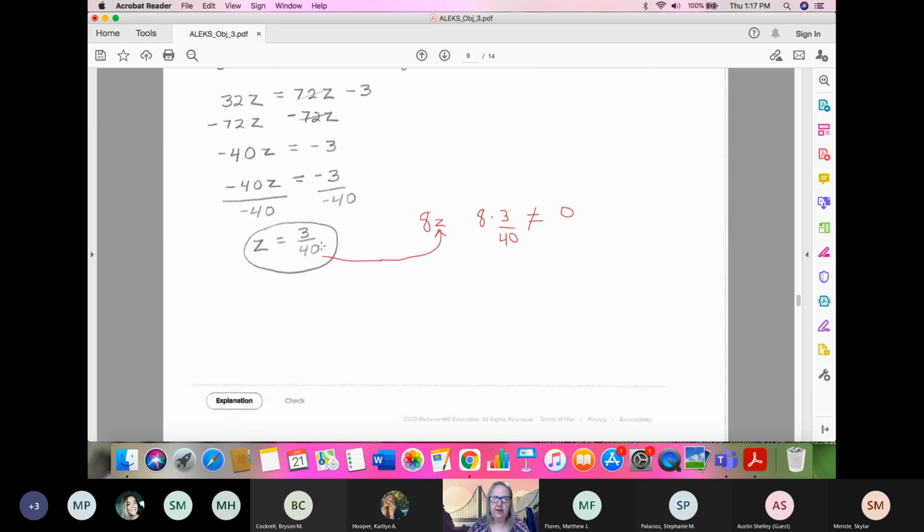I plugged in 3 over 40 here for z, which was what we found, 8 times 3 over 40. What we are concerned with, and you might want to make a note there, is division by 0. Division by 0 is undefined. You might want to write that in. I'm writing that in my solving rational equations in step 5. Division by 0 is undefined.